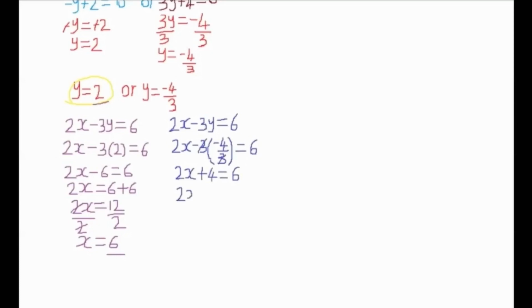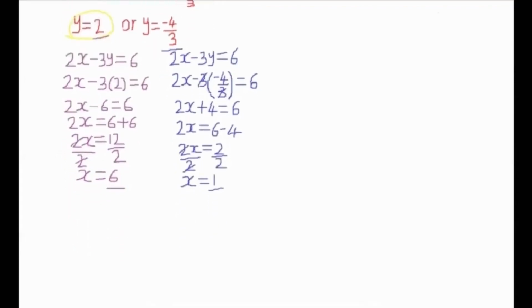So when 4 goes to the other side, it will be 6 minus 4, and then we will remain with 2x. And when you divide by 2 on both sides, 6 will remain, x will remain, and when you divide 2 by 2, it will be 1.